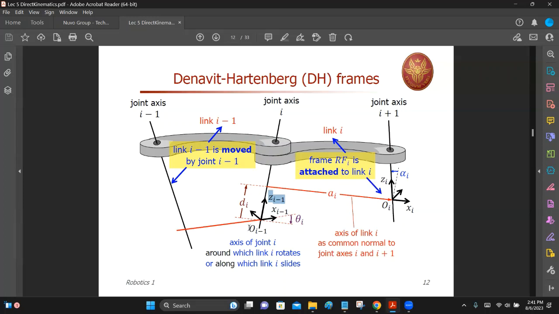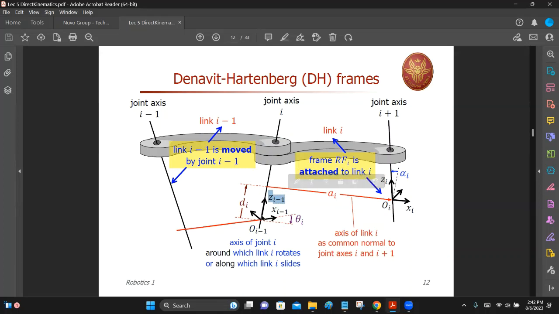Now this coordinate frame is important, OI minus 1 at the end of the link. And then it moves up a little bit and it rotates also. At this point, there's a rotation. In fact, we said z I minus 1 is the axis of rotation.